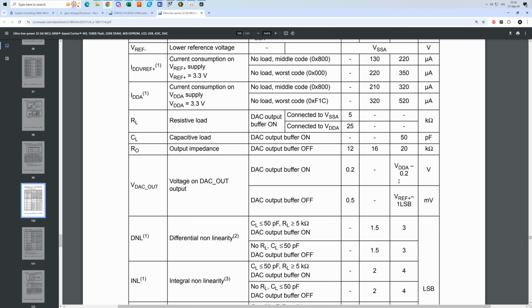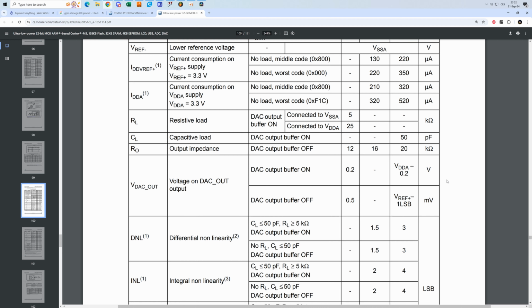So that means if we power the microprocessor from, let's say, 3.3 volts, then the DAC is only able to output voltage from 0.2 to 3.1 volts. So the range drastically changes, and that can or cannot be a problem, depends on your application.